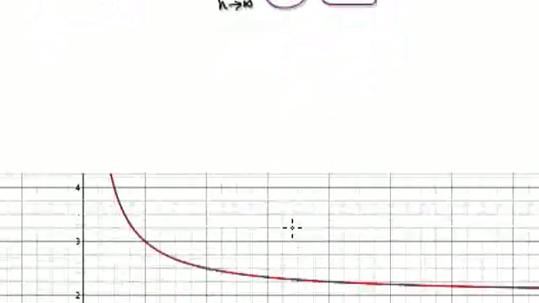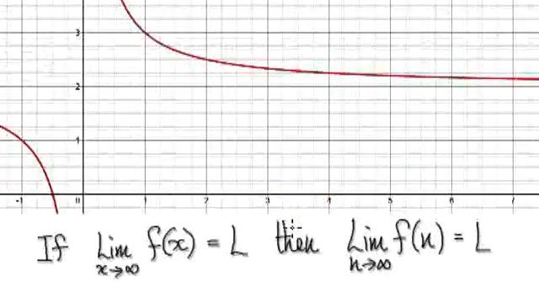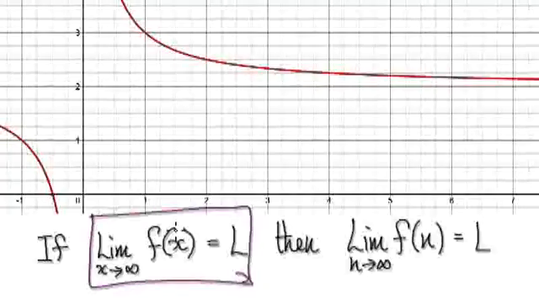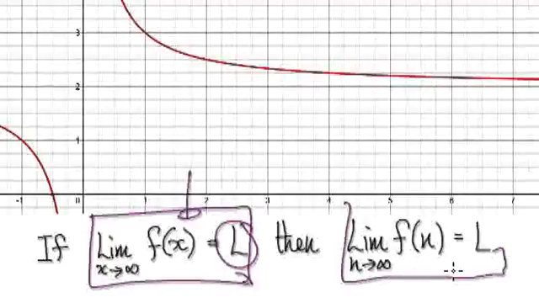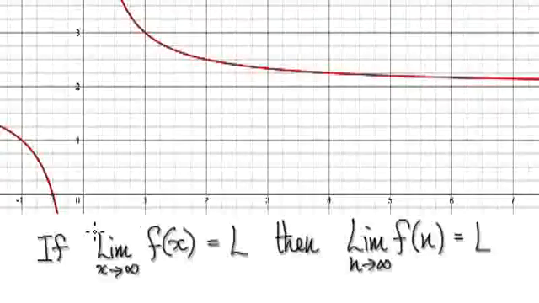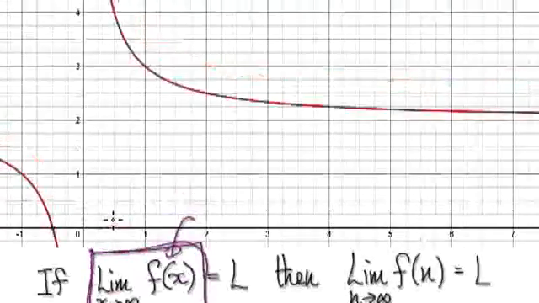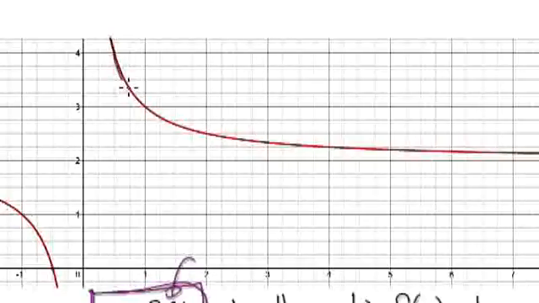So if you have a function, and you know this function heads towards some sort of limit, then your sequence will also head towards that limit. So when you see this here, this is your function. When you see this in your mind, you should visualize the function itself, the continuous smooth function.